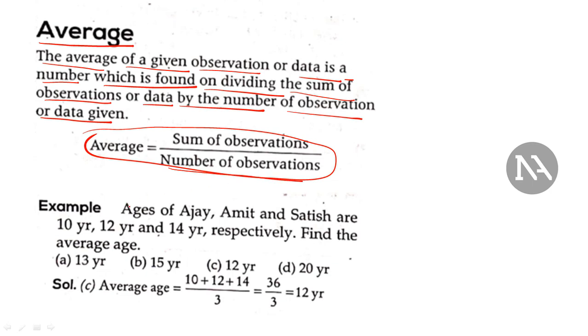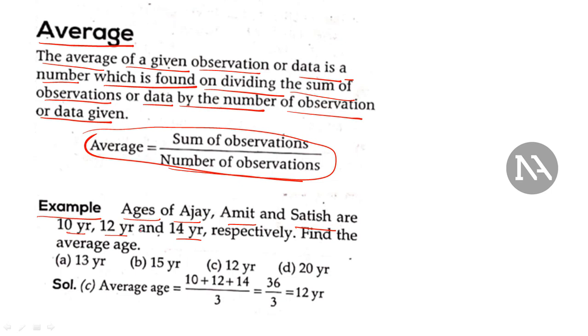This can be easily understood by an example. What is average? What is the concept of average? Ages of Ajay, Amit, Sadish are 10 years, 12 years and 14 years. This is the observation, or you can say data.